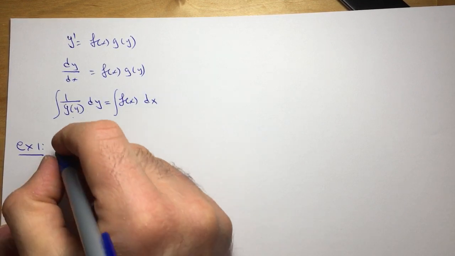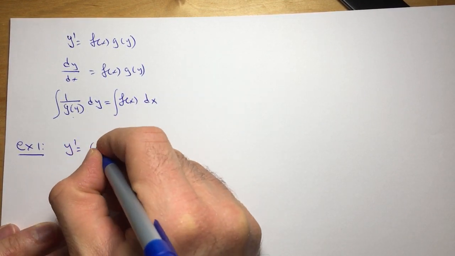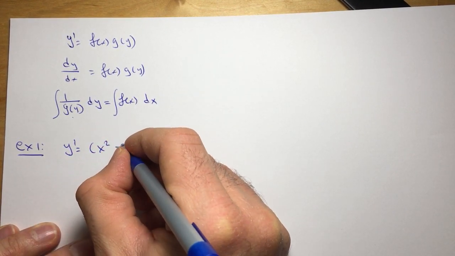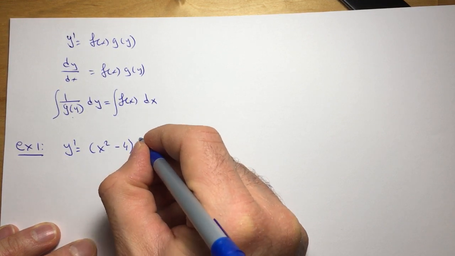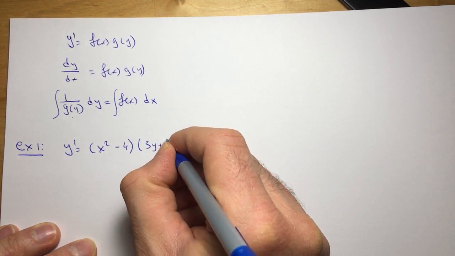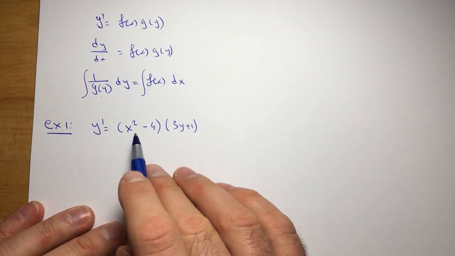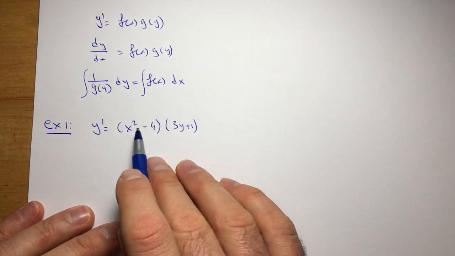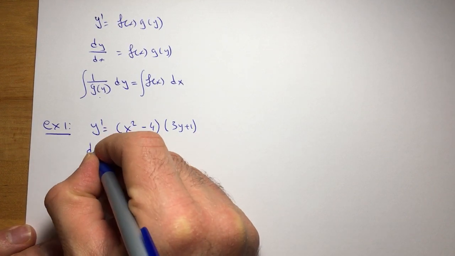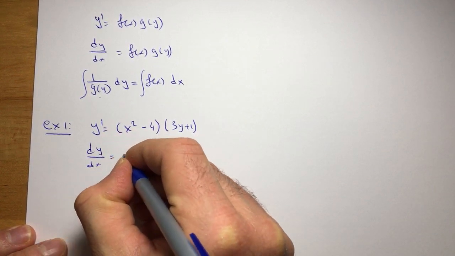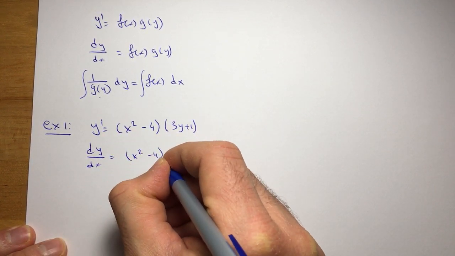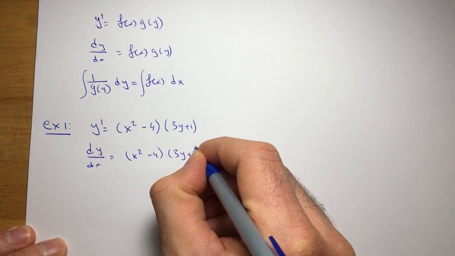Solve the following differential equation: y prime is equal to (x squared minus 4) times (3y plus 1). Okay, first of all, we notice that this is indeed a separable differential equation. It's already factored, so dy/dx is equal to (x squared minus 4) times (3y plus 1).